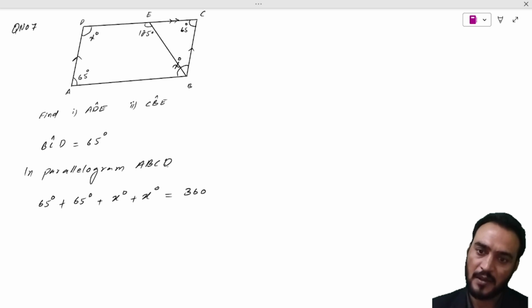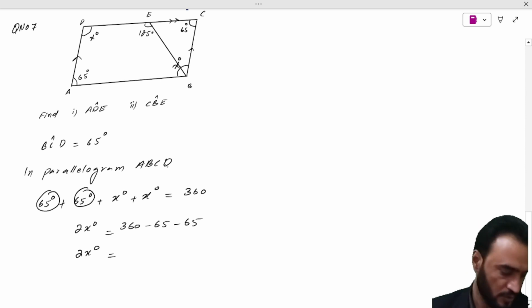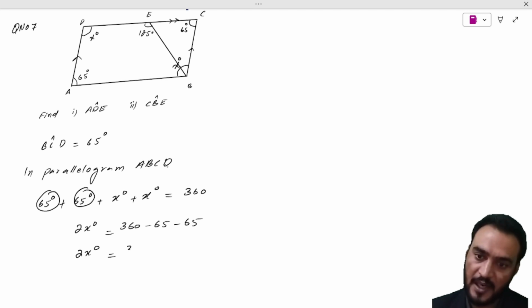Now x degrees plus x degrees becomes 2x degrees. We subtract these two angles from 360 degrees on the right side. 360 minus 65 minus 65, we get the value of 2x degrees, which is equal to 230 degrees.